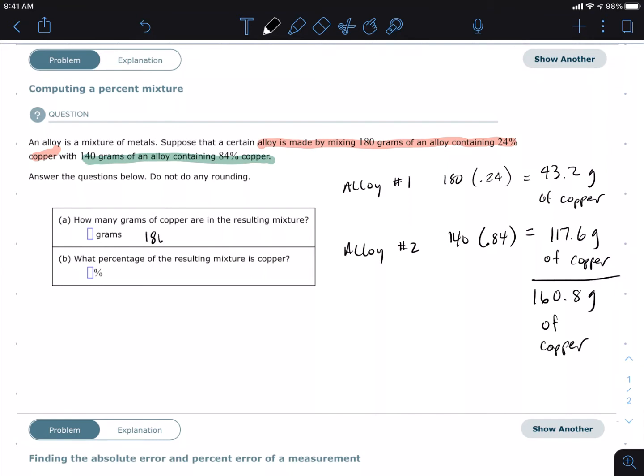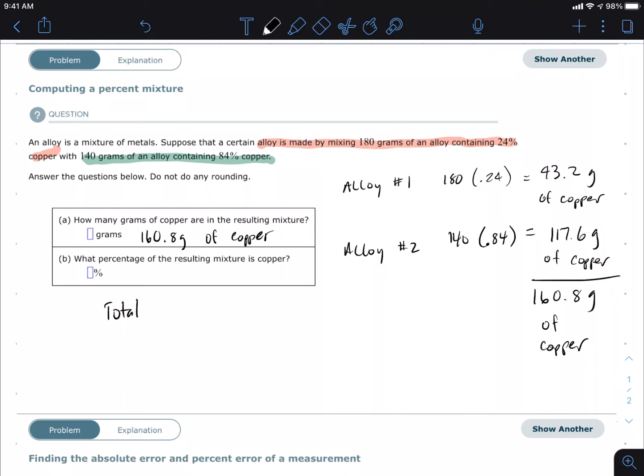So this will be 160.8 grams of copper. Are we okay with how I found that? Yes? No? Yes. Okay.